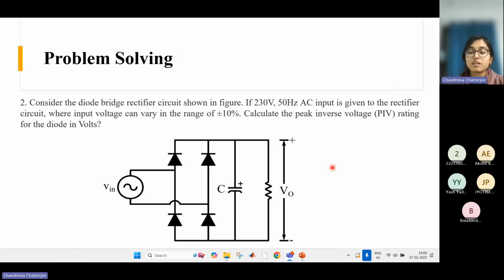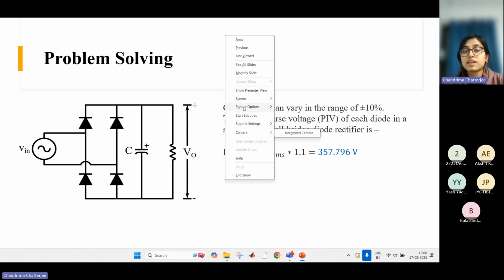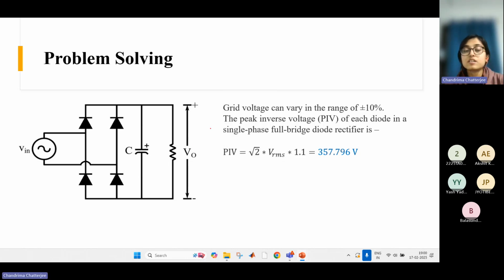Okay, so let's see how we can calculate that. So there are four diodes, right? As I already mentioned, this is the positive half cycle, right?